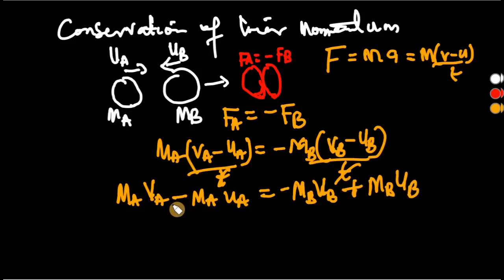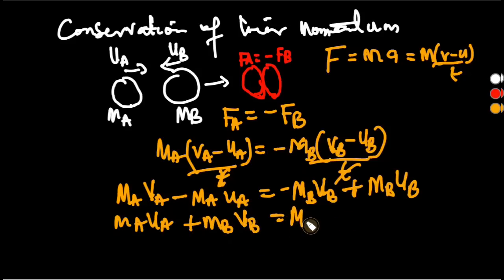So when you rearrange this, you have ma Va plus mb Vb over here, and mb Ub plus ma Ua over there.